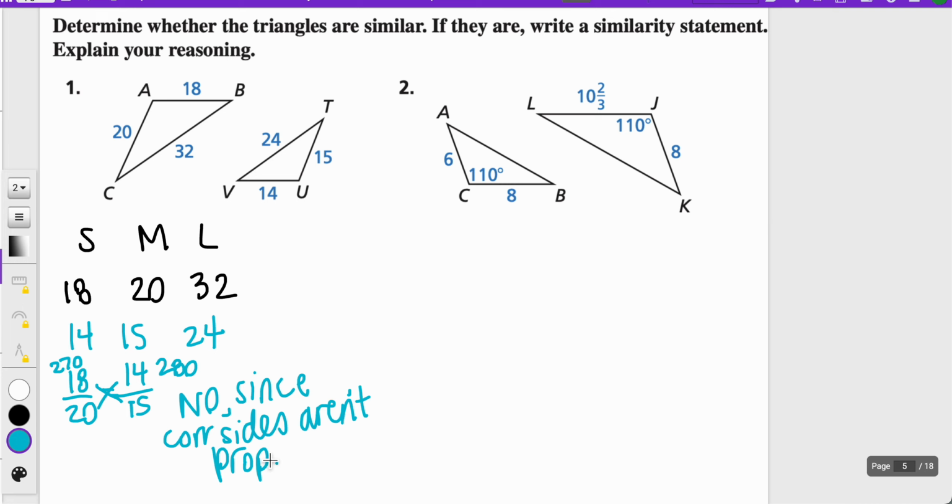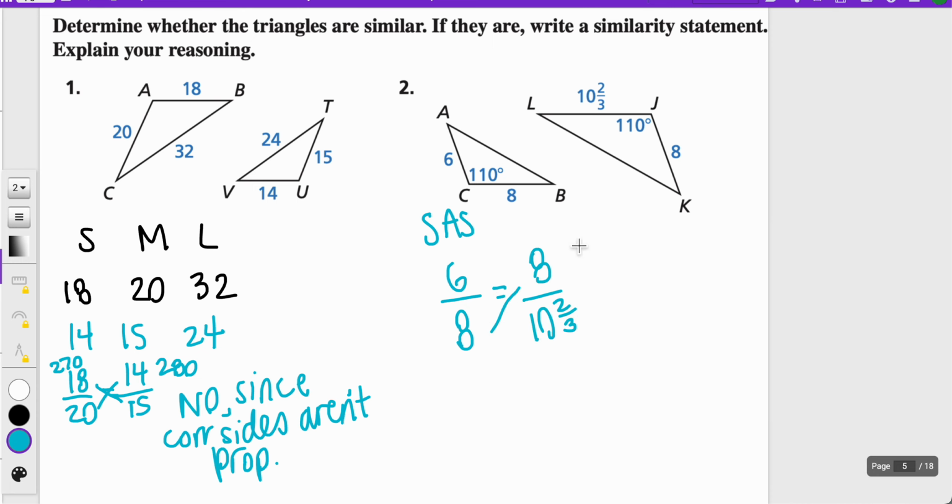For number 2, again, I have a matching angle, so that checks out, so I could potentially use side angle side here. Then I looked at 6, the smallest number, over 8, and 8, the smallest number, over 10 2/3.